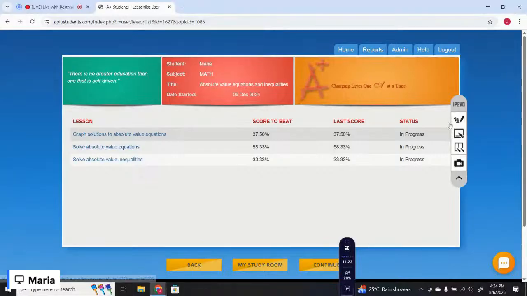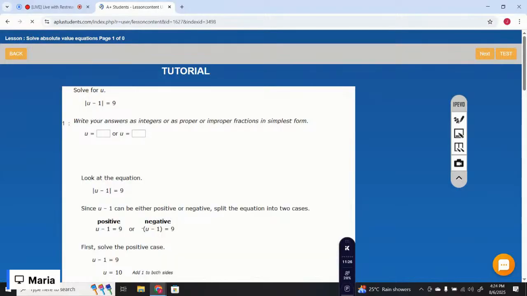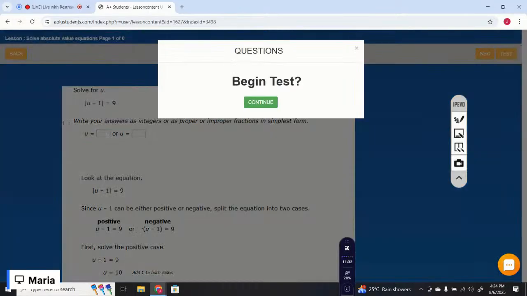The next one is solve absolute value equations. So let's just start with the lesson. Okay, let's just start with the test questions.